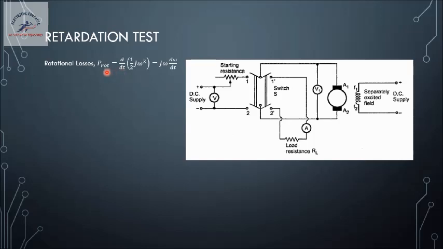That is why this is called rotational loss. If we differentiate the term within the parenthesis, we get J omega into d omega m by dt: moment of inertia, speed, and rate of change of speed, which is acceleration. Using this equation, it is possible to find the rotational loss.